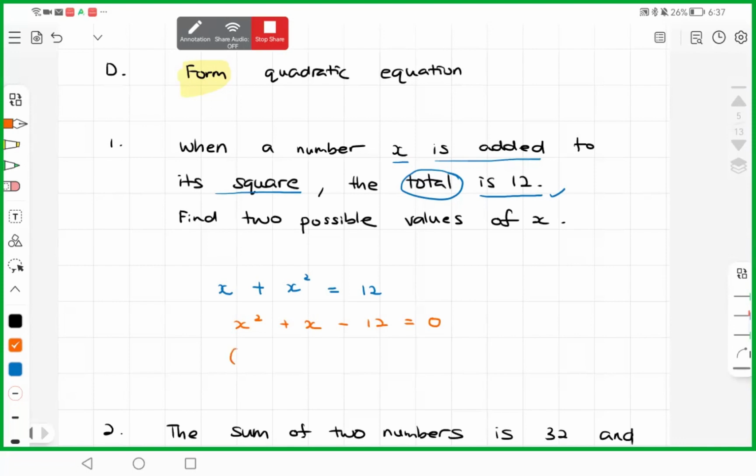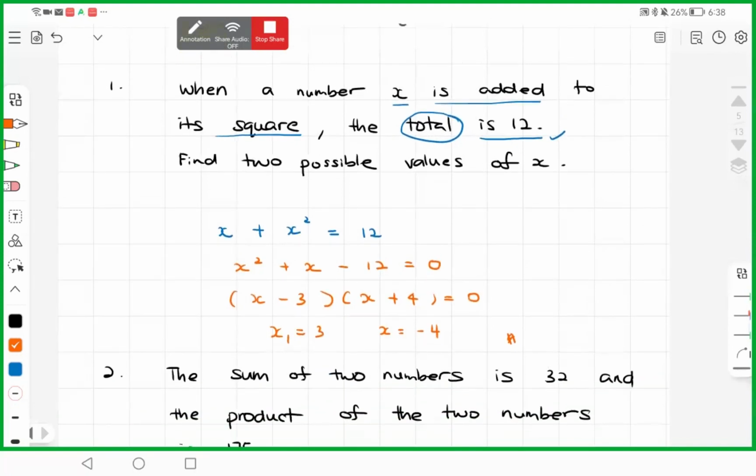The first answer is +3, so x minus 3. Another one, x plus 4 equal to 0. So x is 3 and another one negative 4. Now team, full mark.